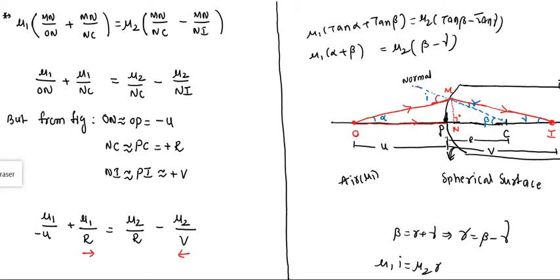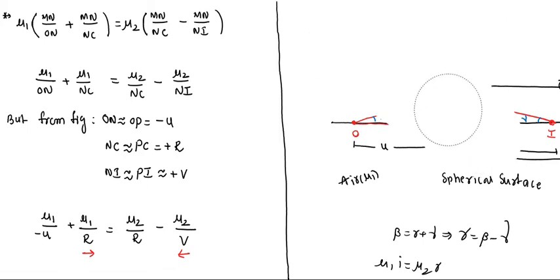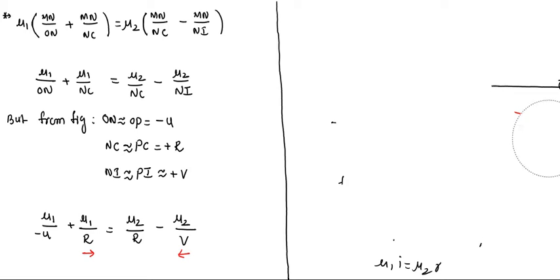Let us go for the next step. Before that I will rub the right side, whatever is there. This is useless, I wrote it just for recapitulation. Now let us continue.